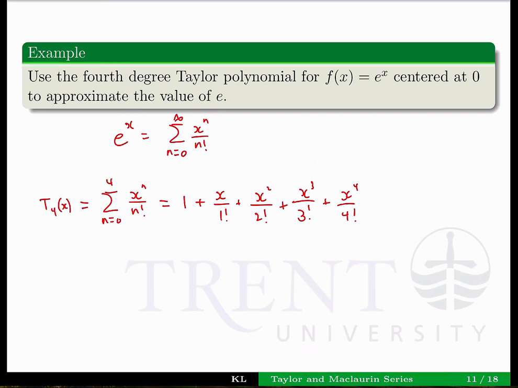So now, e is approximately equal to t sub 4 evaluated at 1. But t sub 4 evaluated at 1 is just 1 plus 1 plus 1 half plus, since 3 factorial is 6, 1 over 6, plus, since 4 factorial is 24, 1 over 24.